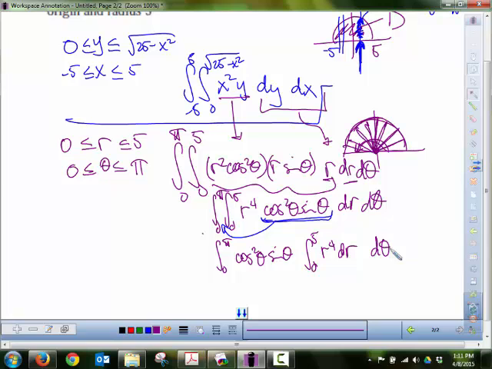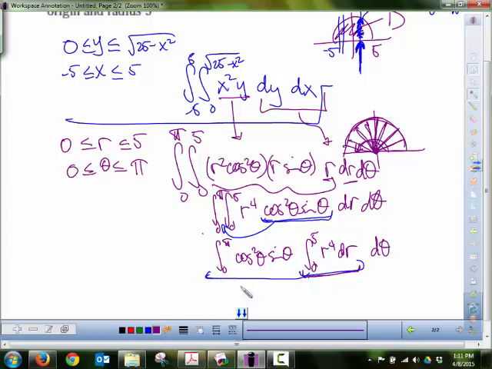So before I figure out what the integral from 0 to 5 r to the 4th dr is, I can look at this and say, well, if I do that integral, I'm just going to get a number. More importantly, I'm not going to get anything with a theta in there. So that's constant with respect to theta, so I could take that out. Right? So let's take that out.